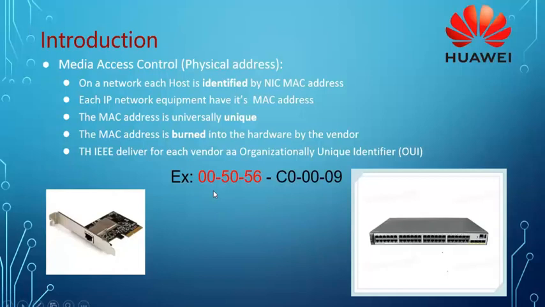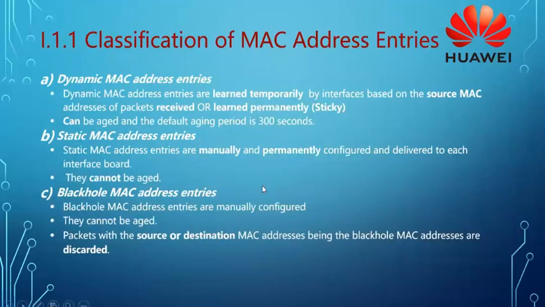It is a succession of hexadecimal digits, and the first 6 hexadecimal digits represent the unique identifier. On a switch, all the MAC addresses are saved in a table. In this table, we will make some entries, and we have some kinds of entries.